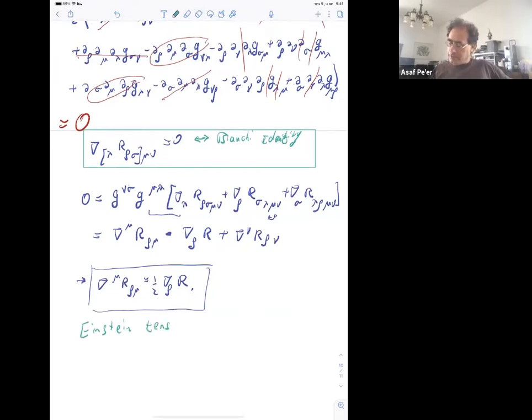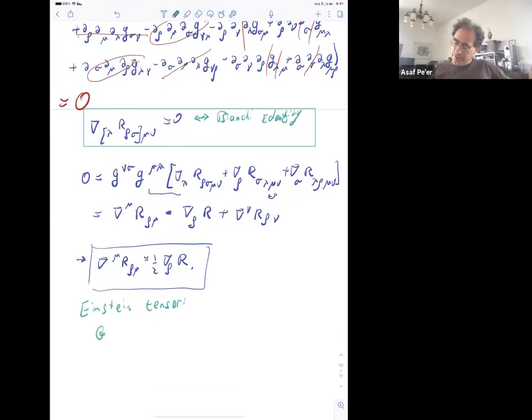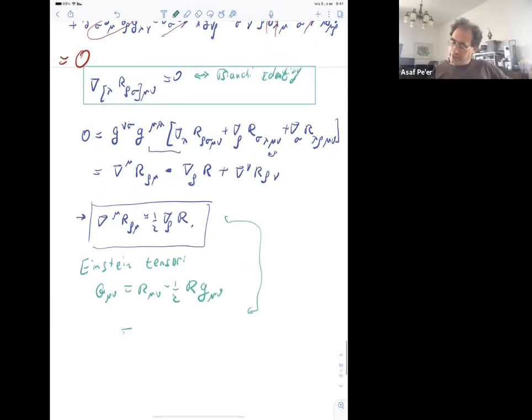So the Einstein tensor G_{μν} is just defined as R_{μν} minus 1/2 R g_{μν}. And then the twice contracted Bianchi identity is simply ∇^μ G_{μν} equals 0.